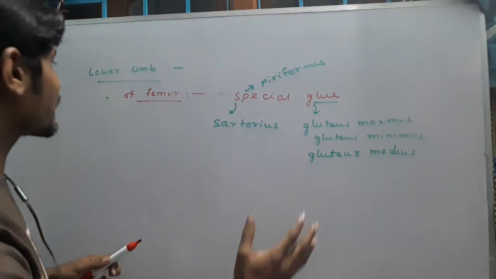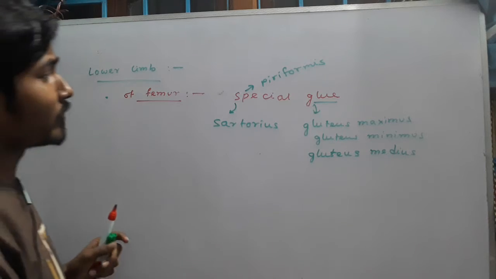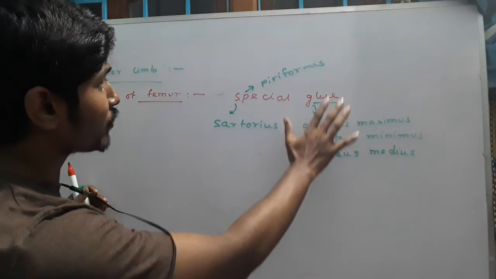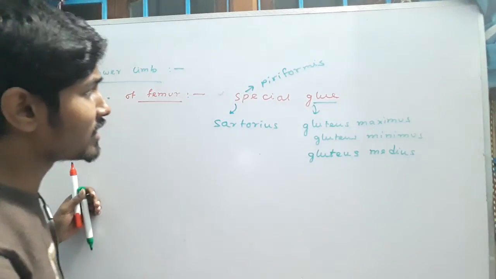So there are 5 muscles in the lower limb that are abductors: sartorius, piriformis, and gluteus maximus, gluteus minimus, and gluteus medius.